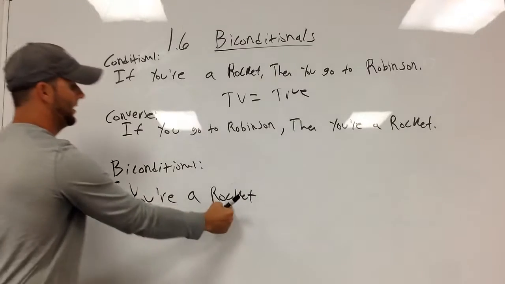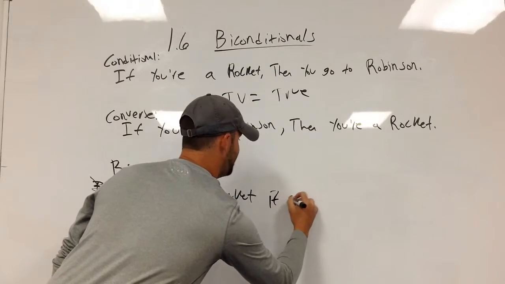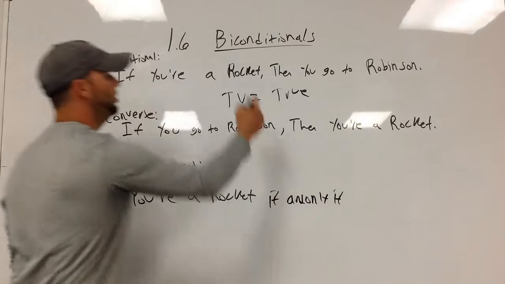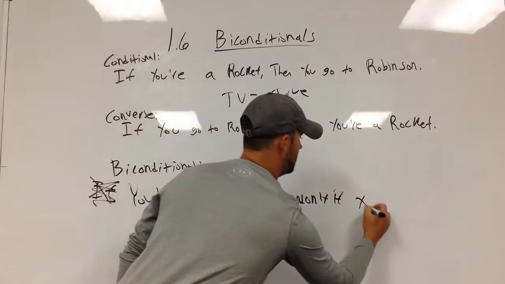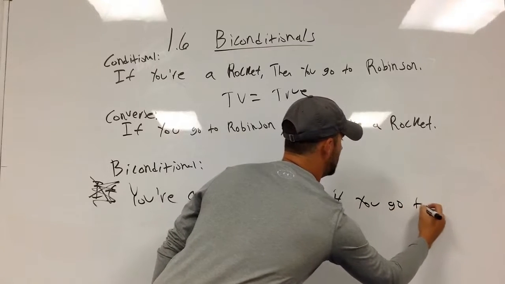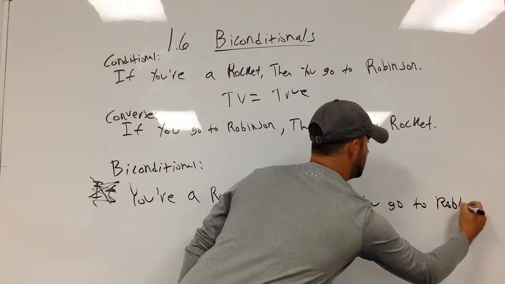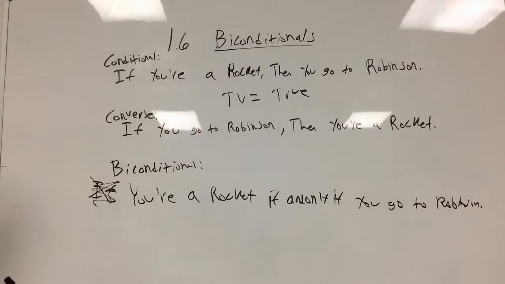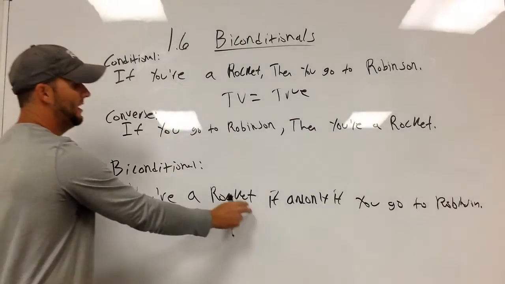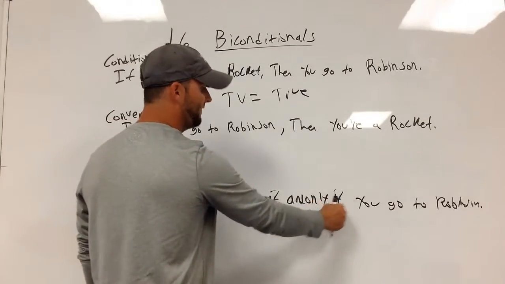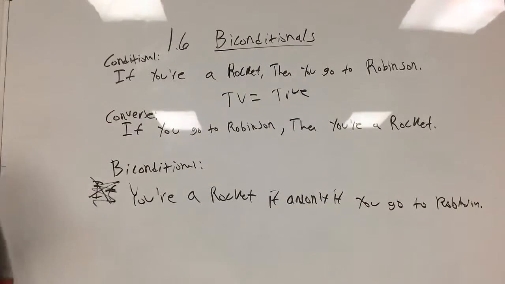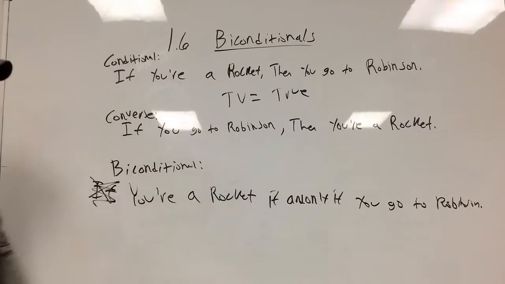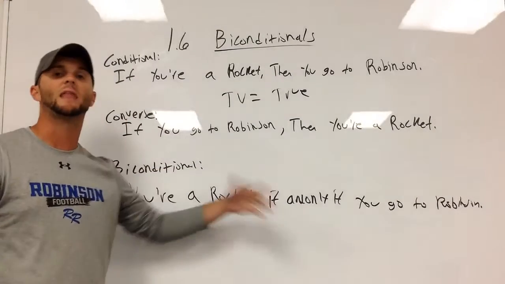You are a rocket if and only if you go to Robinson. So if you notice, there's no then in there. So remember, if we have a biconditional, I'm going to drop the if and then, I'm going to put in if and only if, and that creates a good definition.